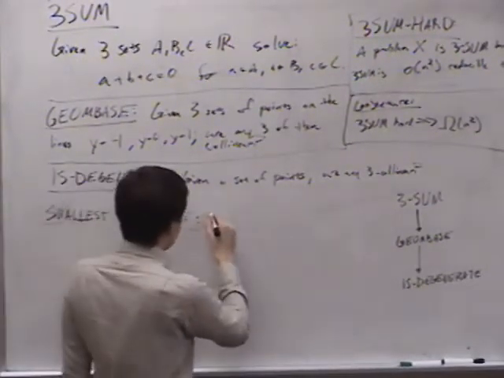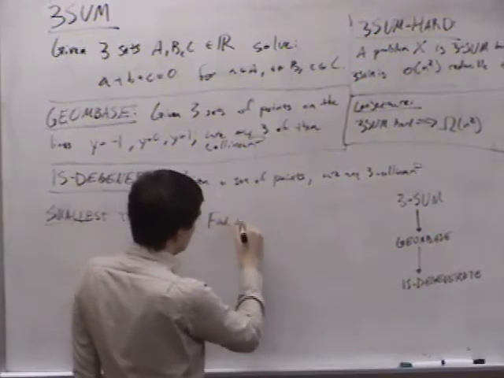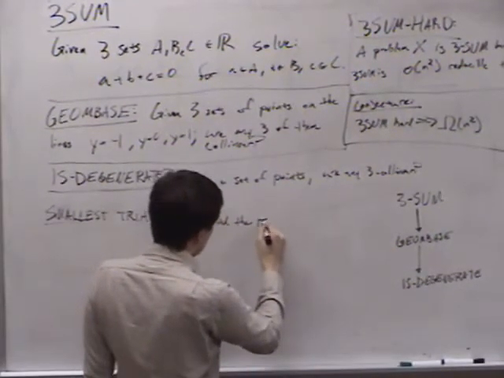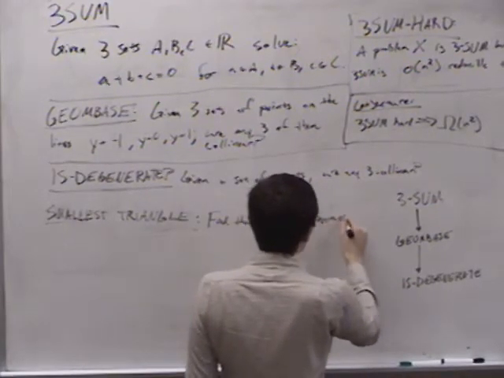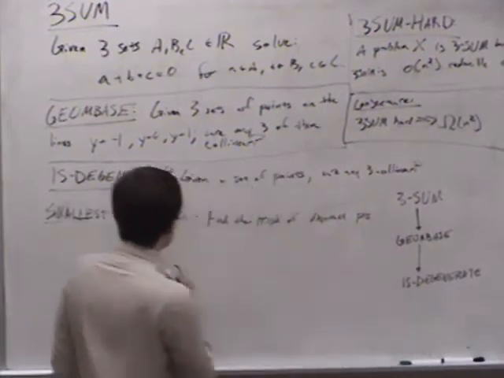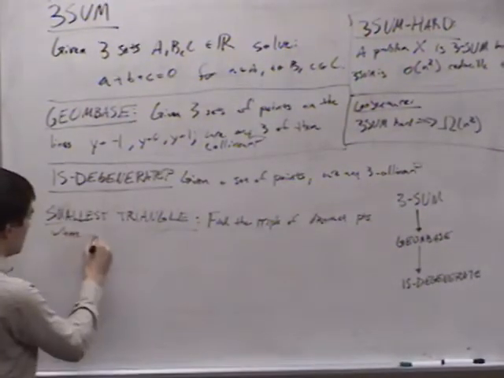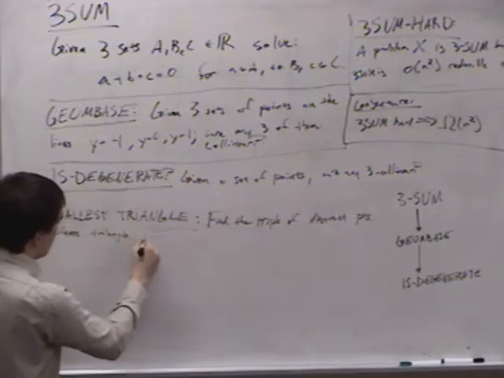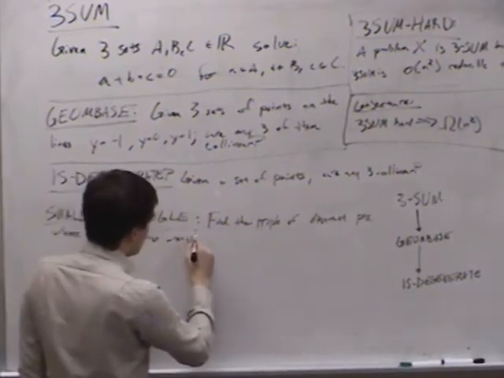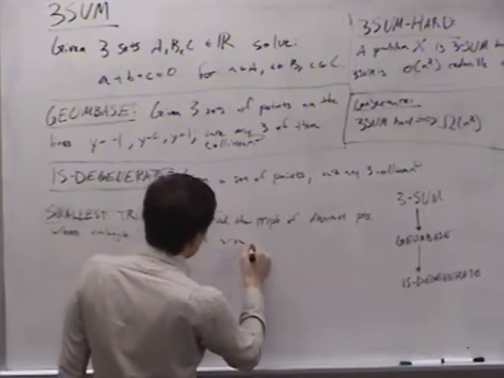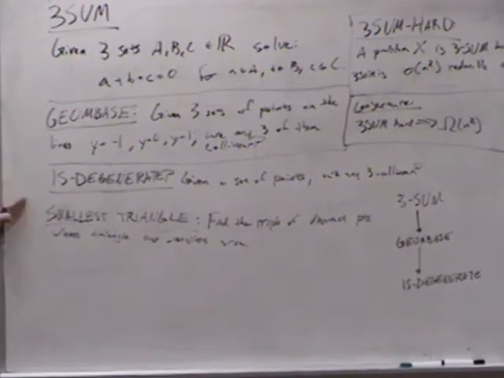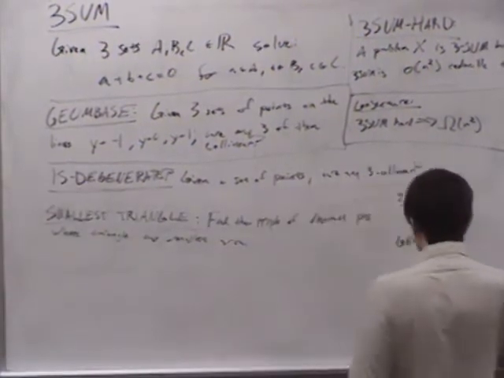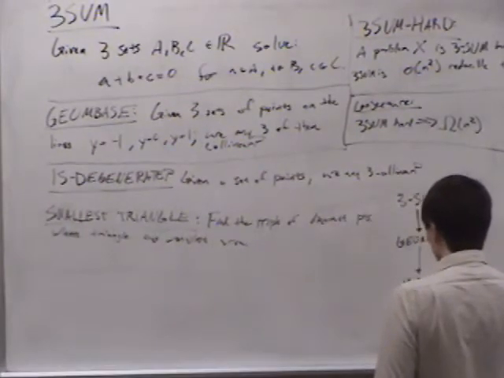So this is find the triple of distinct points whose triangle has smallest area. All right. So if we can find the smallest triangle, we can definitely test if a set of points is degenerate. All right. So the problem is degenerate reduces down to the problem of finding a smallest triangle.